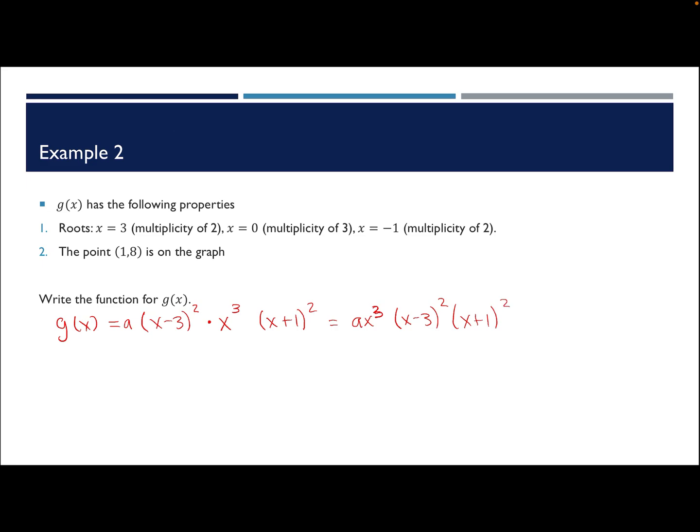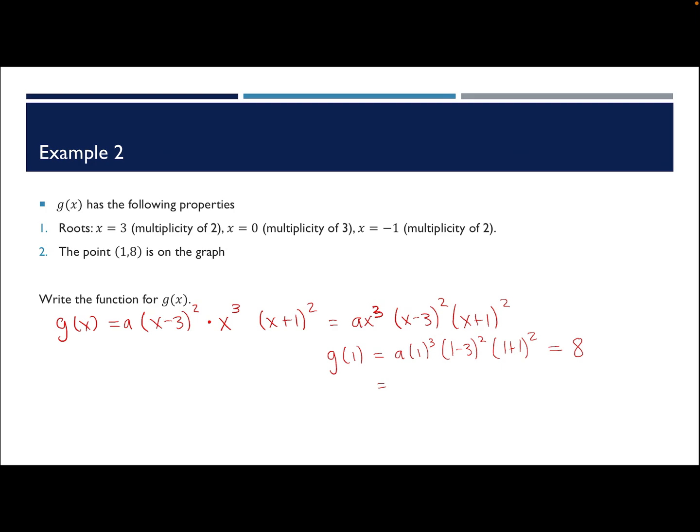And we know the point 1, 8 is on the graph. So that means that when you substitute in 1, you should get 8 as an output. So g of 1 is going to equal a times 1 cubed times 1 minus 3 squared times 1 plus 1 squared. And all of that should equal 8.